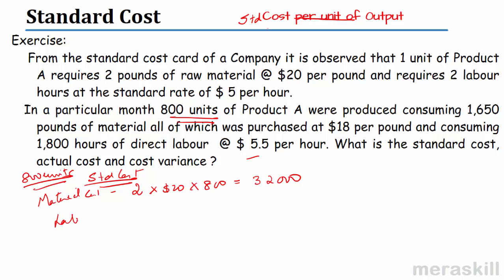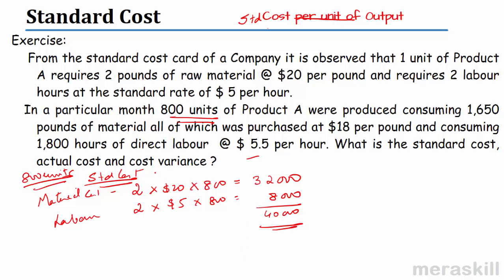What about the labor cost? Similarly, the labor cost would be 2 hours at the standard rate of $5 per hour, again for 800 units. Therefore it should be 8,000, giving $40,000 as my total standard cost.